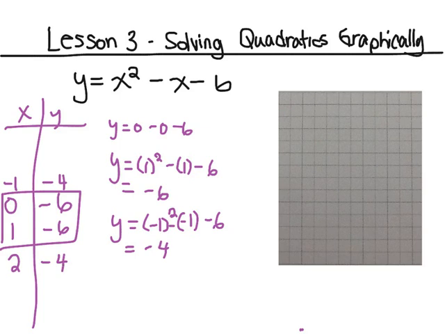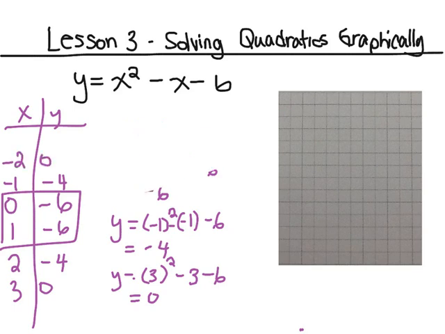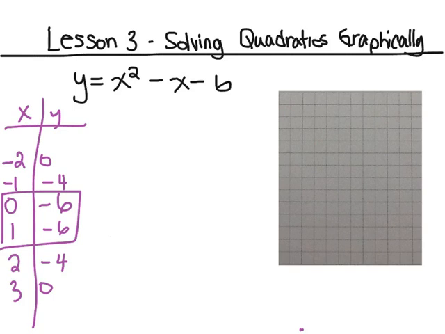We can try it for 3 as well. 3 squared minus 3 minus 6. 9 minus 3 is 6, minus 6 is 0. So this would be 0, and negative 2 would also be 0, because we know that everything reflects across the axis of symmetry. Our axis of symmetry is x equals, we don't know yet because we didn't find the vertex.